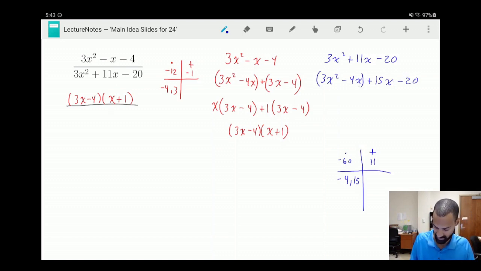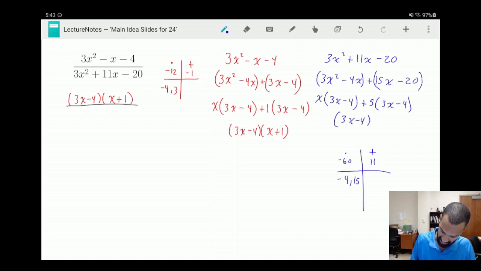Group together my first 2 and last 2 terms, and then we're going to factor out the common factor. 3x squared minus 4x, my common factor is x. That leaves me with 3x minus 4. 15x minus 20, I'm going to factor out a 5. That leaves me with 3x minus 4. So overall I have 3x minus 4 times x plus 5.